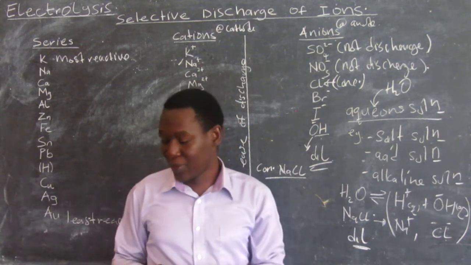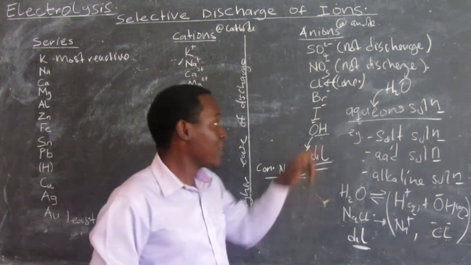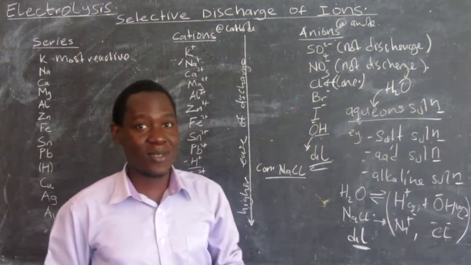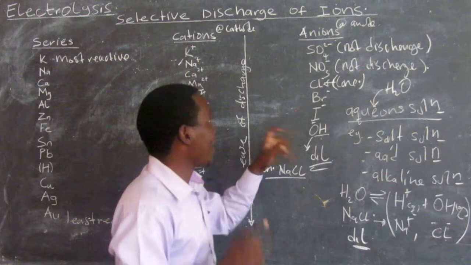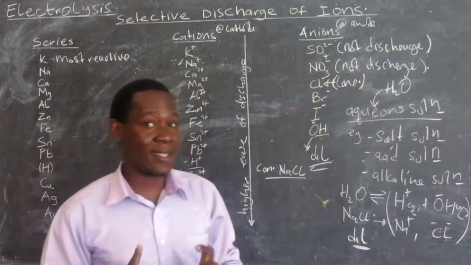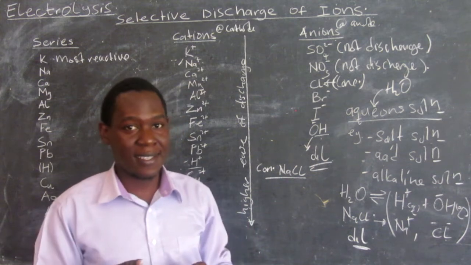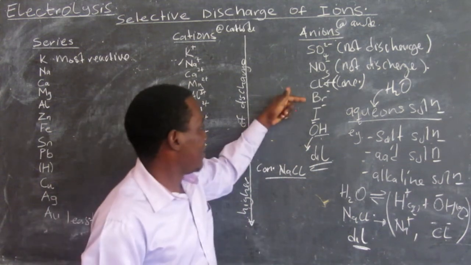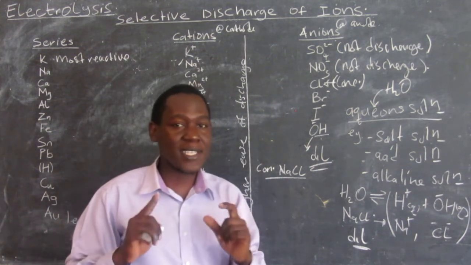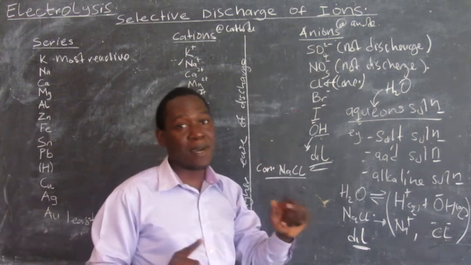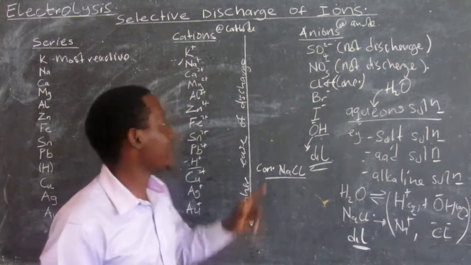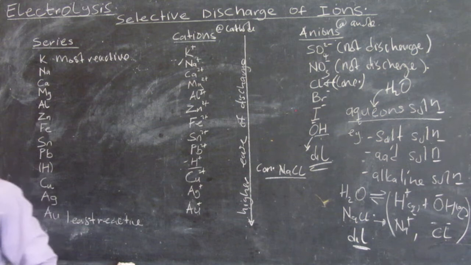If you are very keen, you are saying that concentration affects the discharge of an anion, but it does not affect the discharge of the cation. Let me repeat. Concentration affects the discharge of the anion, but it does not affect the discharge of the cation. Is it okay?